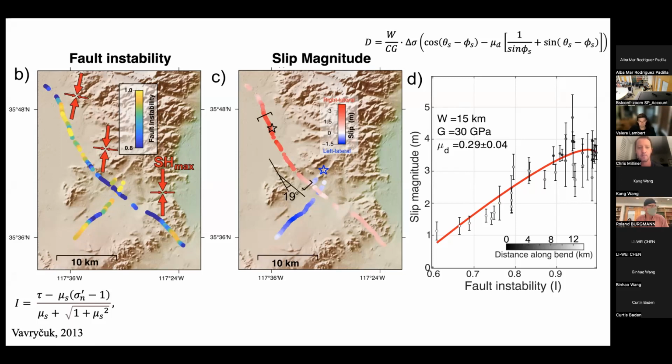Maybe I'm missing a step, but can you do this just from field measurements of offset? Yeah, the issue is, first of all, I think you need to make sure you're getting the total offset across the fault rupture zone.